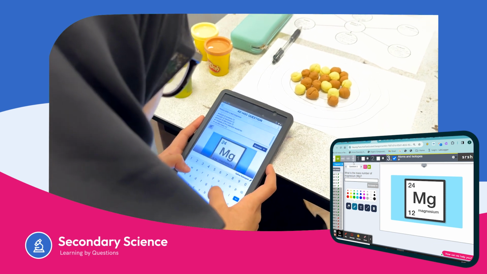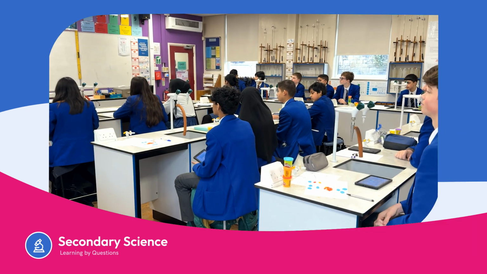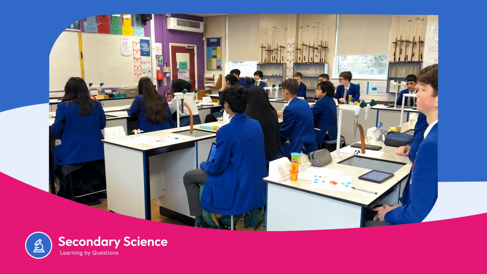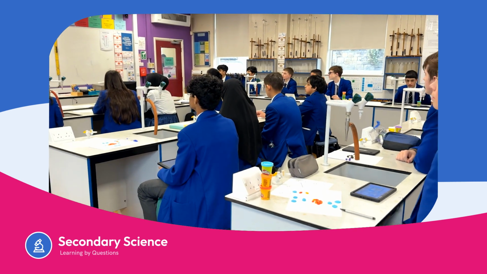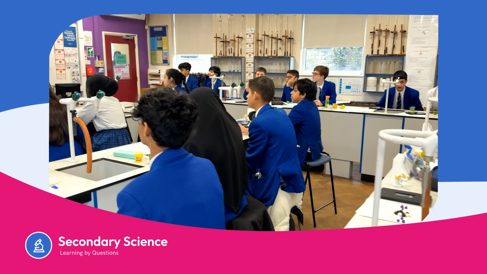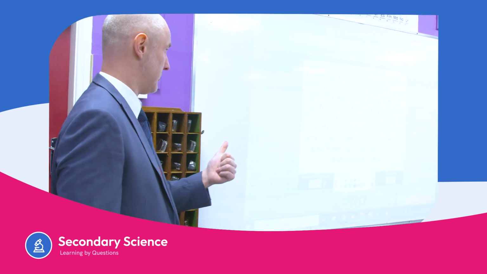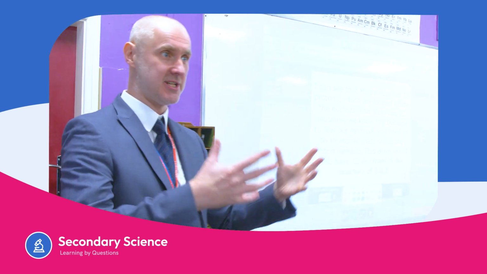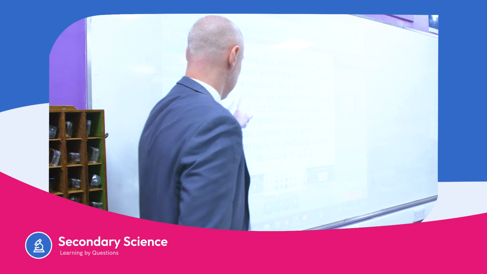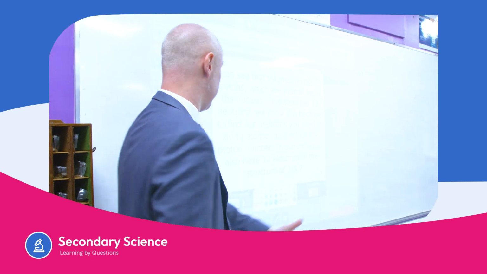So here's what we've got back, and again I won't be asking anybody to identify themselves unless it's a particularly brilliant answer and you want to jump up and give us a dance. I can see that magnesium has 12 protons. I would agree with that, which are located inside the nucleus. I would agree with that because they are a nucleon. This atom also has 12 neutrons. I would agree with that.